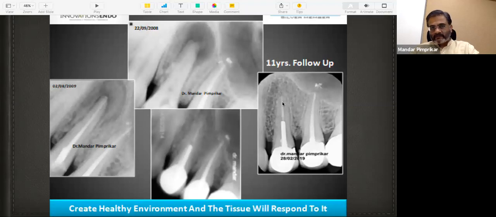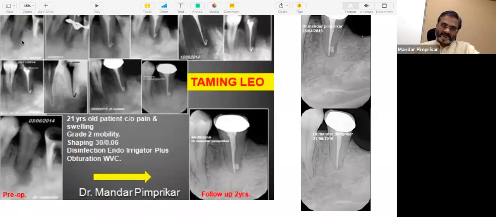Another case with a huge periapical lesion, actually a floating tooth, and we tracked this tooth month by month and saw that the lesion is completely healed, with an apical delta where the sealer is still present and the healing is evident.